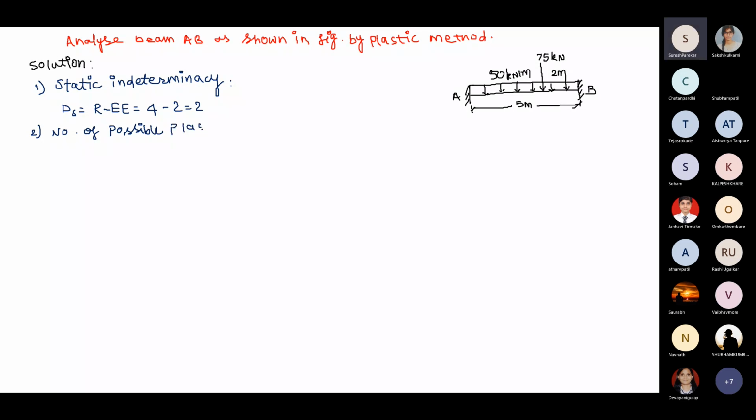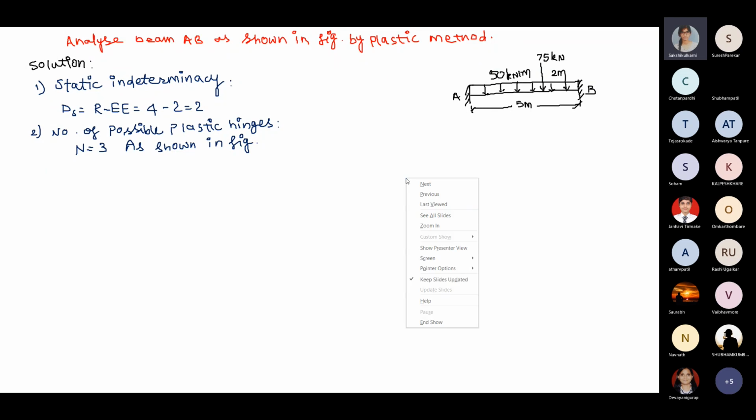Number of possible plastic hinges किती होती? 4. 4 कसे? फिक्स सपोर्टला 2, एक कॉन्सन्ट्रेटेड लोड आणि एक UDL. UDL चं अनालिसिस करता येणार नाही तुम्हाला. जर तुम्ही कॉन्सन्ट्रेटेड लोडच्या अंडर घेतलं तर UDL मध्ये कुठे फॉर्म होणार आहे?